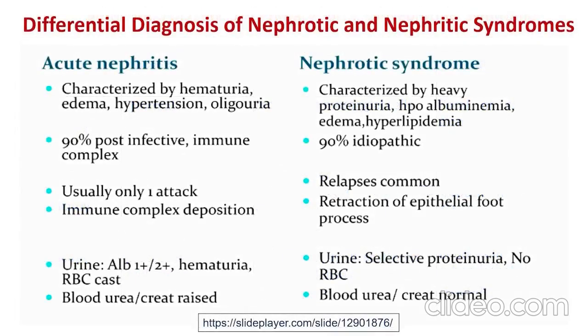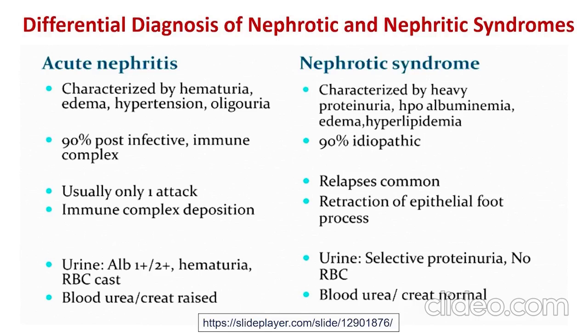Now you can see the differential diagnosis between nephrotic and nephritic syndrome. Nephritic syndrome, for example acute nephritis, is characterized by hematuria, edema, hypertension and oliguria, whereas nephrotic syndrome is characterized by heavy proteinuria, hypoalbuminemia, edema, hyperlipidemia. Acute nephritis in most cases is post-infective with immune complex deposition, whereas nephrotic syndrome is idiopathic.